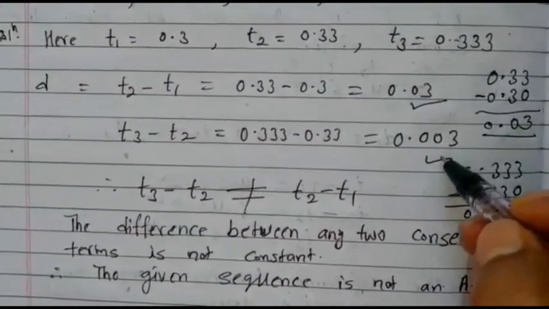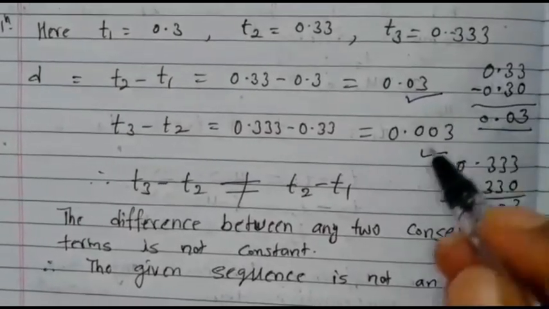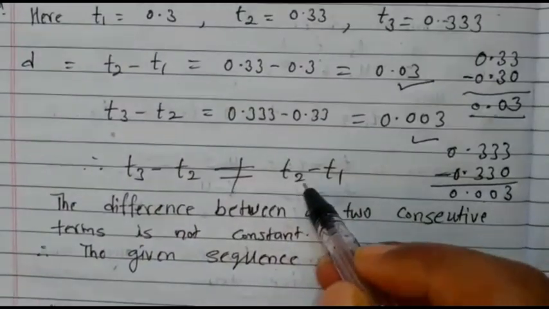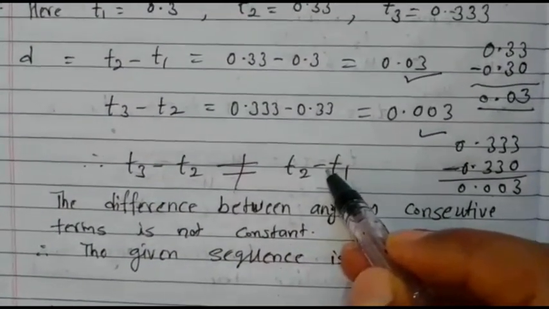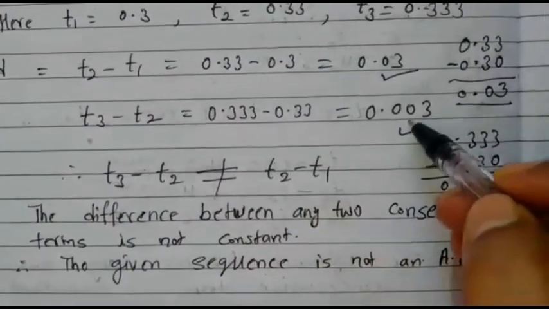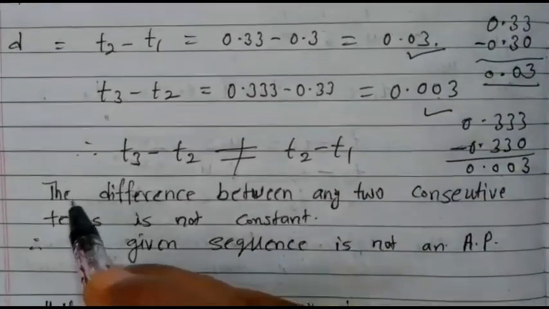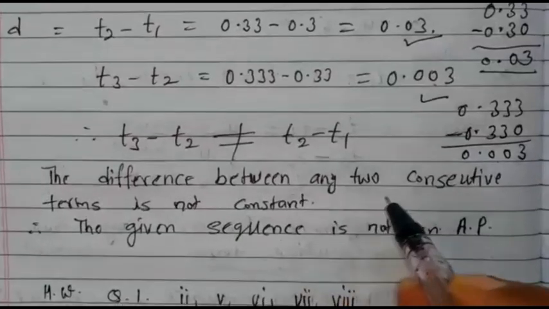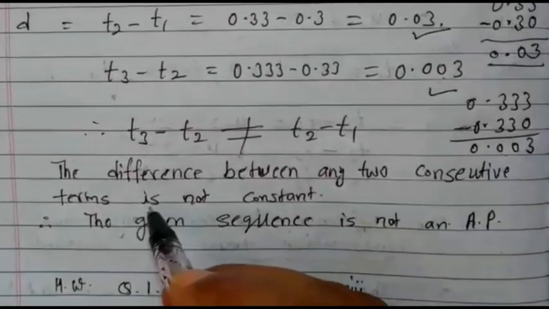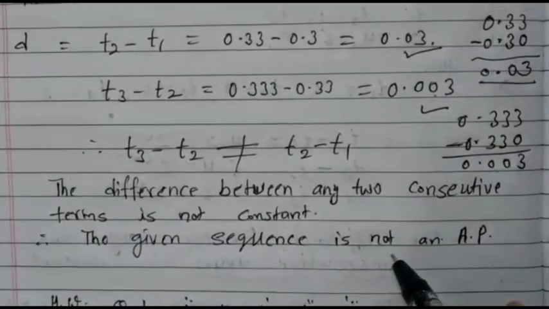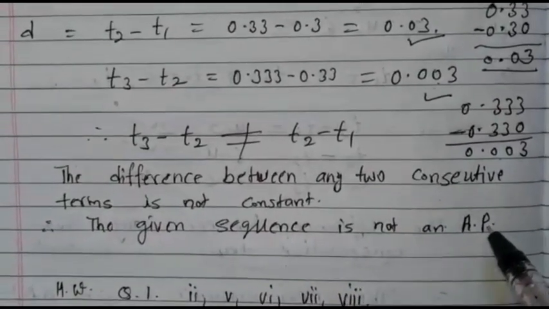So both are not the same, not a constant. So t3 minus t2 is not equal to t2 minus t1. The difference between any two consecutive terms is not a constant. Therefore, the given sequence is not an AP.